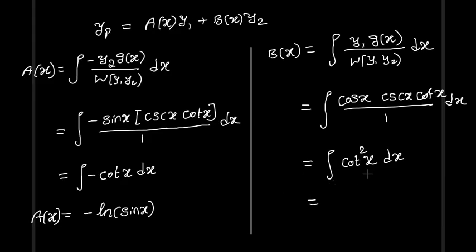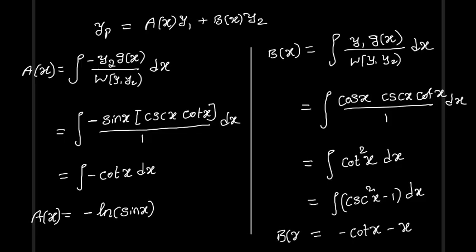You know that cot square x can be written as cosecant square x minus 1, into dx. And we know that the integration of cosecant square x is minus cot x, and here it is minus x. That's it. So this is b of x.